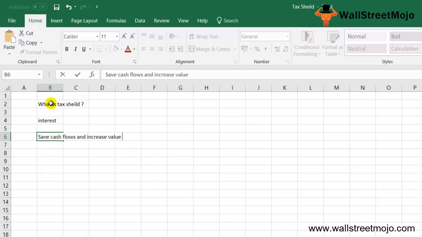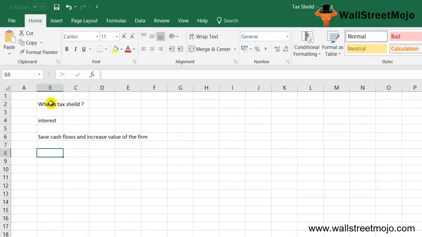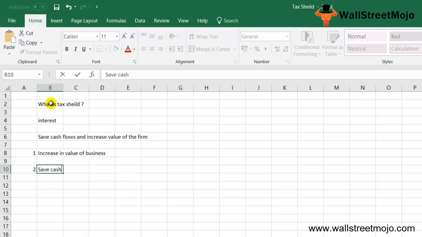The tax shield strategy can be used to increase the value of the business, since it reduces the tax liability that would otherwise reduce the value of the entity's assets. Tax shield is basically a path to save cash outflow and appreciate the value of the firm.